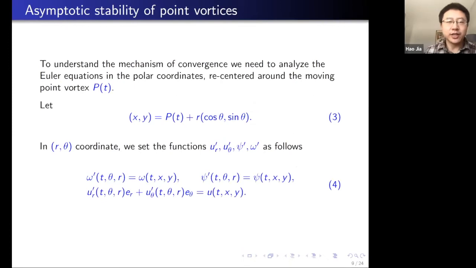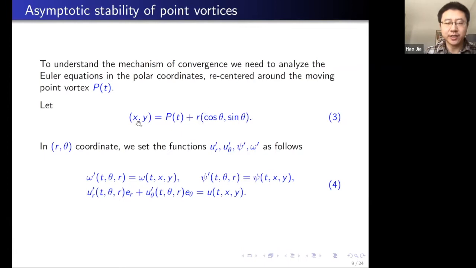Okay, so let me just very briefly explain the basic mechanism behind such a convergence. To see the mechanism, we need to work in polar coordinates centered around this moving center P_t. So let's write our coordinates (x, y) as P_t plus r (cos theta, sin theta).